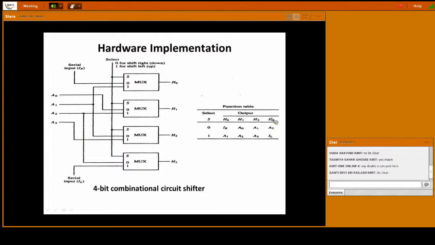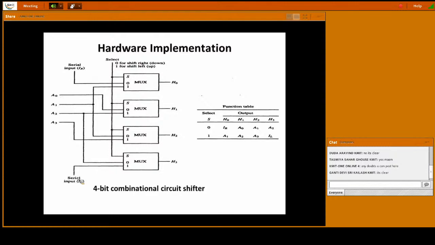When it comes to H3, the output from the last multiplexer, the inputs provided should be A2 and the serial input IL. Is it clear?